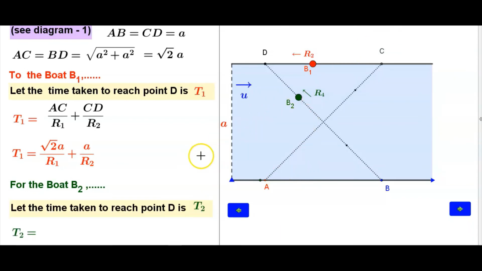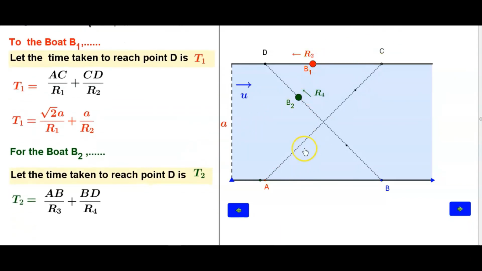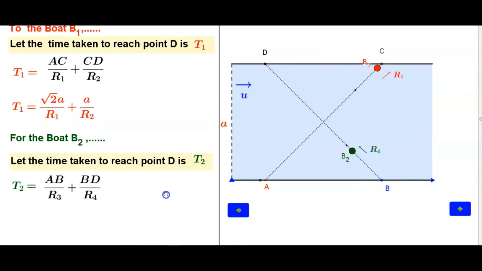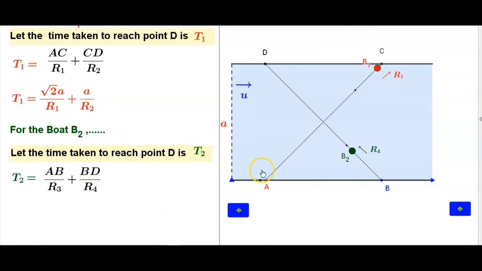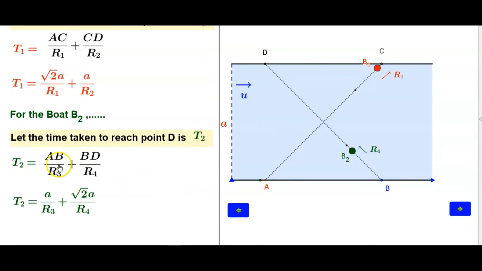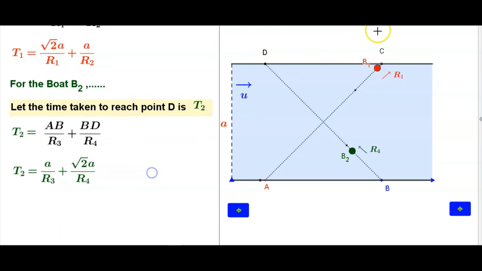Therefore, T2 is equal to AB over R3 plus BD over R4, that is A over R3 plus root 2A over R4.